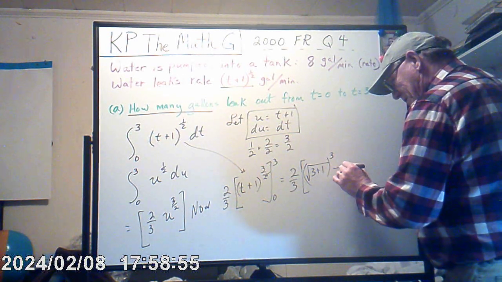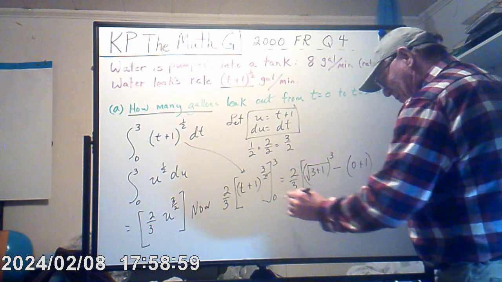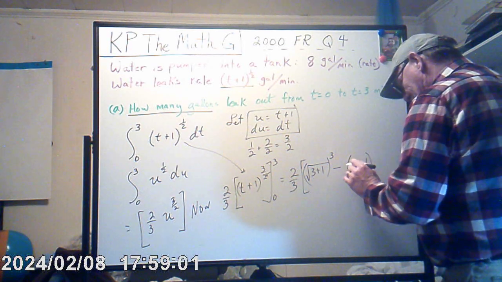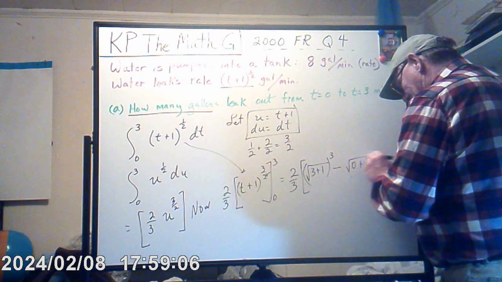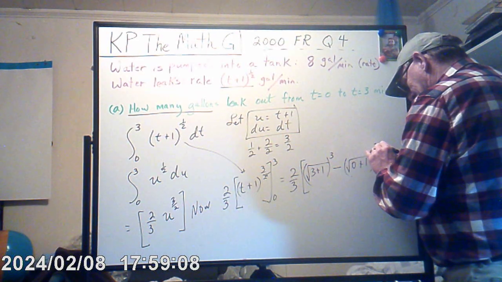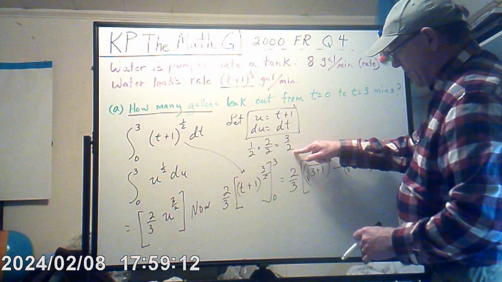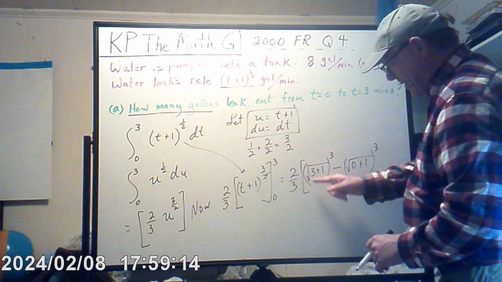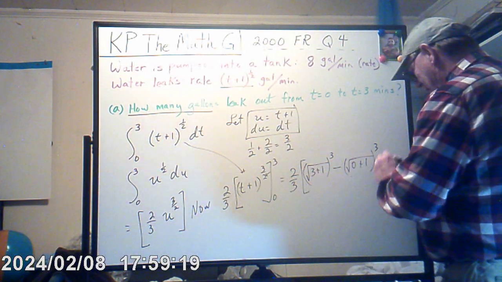And then of course minus 0 plus 1, we're plugging in the 0 here, the square root of that, and we're going to cube that. That's what the 3/2 stands for. This is the index number, that's the square root, and then this is the cube right here at the end.